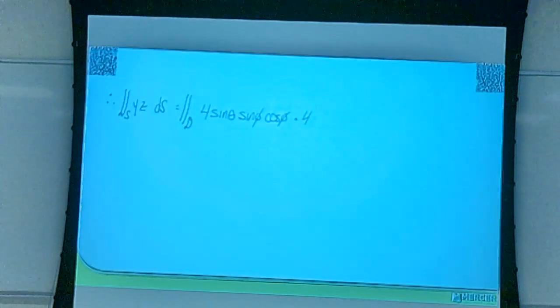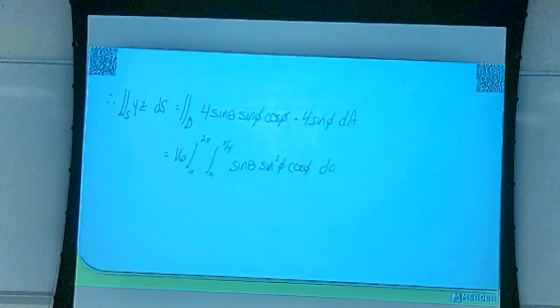Times 4 sine phi dA. Yeah? We're going to have 16 integral 0 to pi, integral 0 to pi over 4, sine theta, sine squared phi, cosine phi, d phi d theta, right?